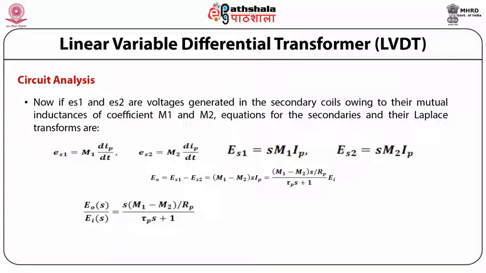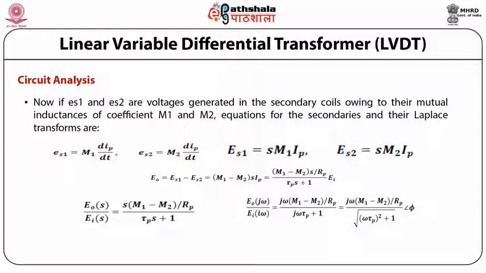Now representing E_0(j omega) over E_i(j omega), it equals j omega (M1 minus M2) divided by R_p times the square root of (1 plus (omega tau_p) squared), multiplied by angle phi, where phi is pi by 2 minus tan inverse of omega tau_p. So this expression preceding angle phi represents the amplitude ratio of the output and the input.